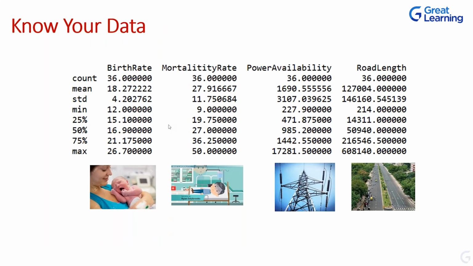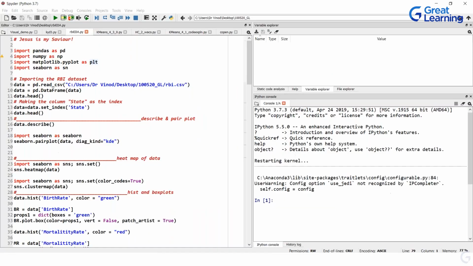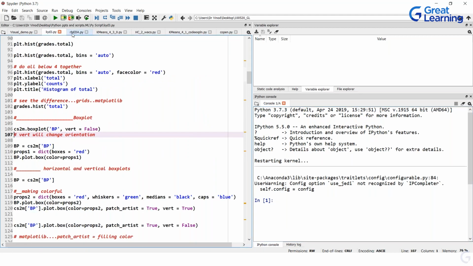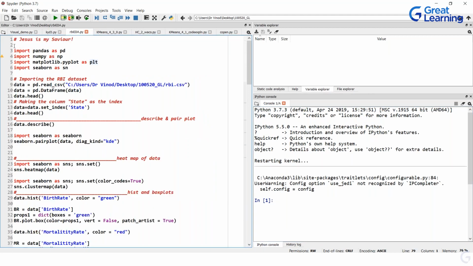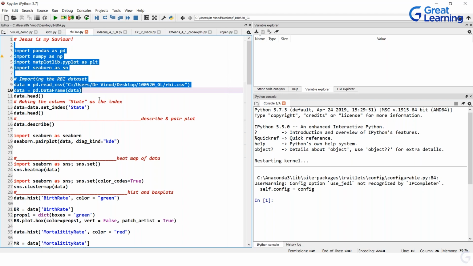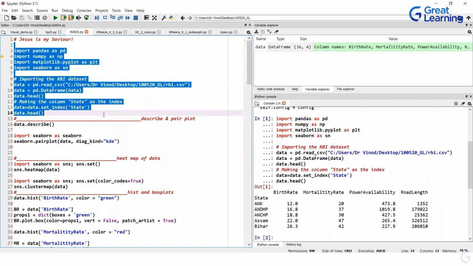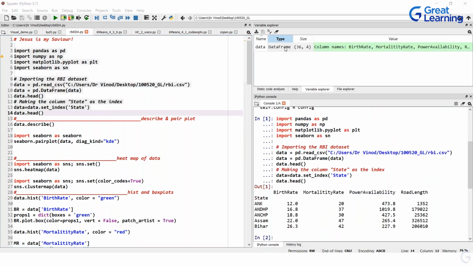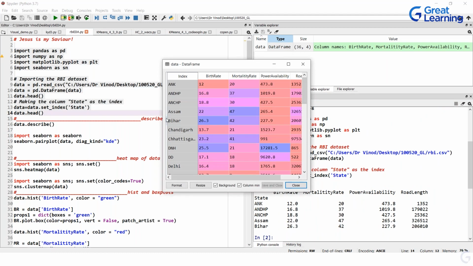The first thing, the moment we get data, we are willing to see how the data is revealing the information. So parallelly, I will prefer to take you to the script as well, wherever it is required. Here I wanted to show you the data frame and look at this data.